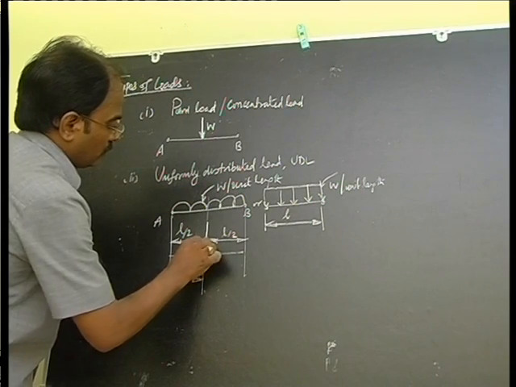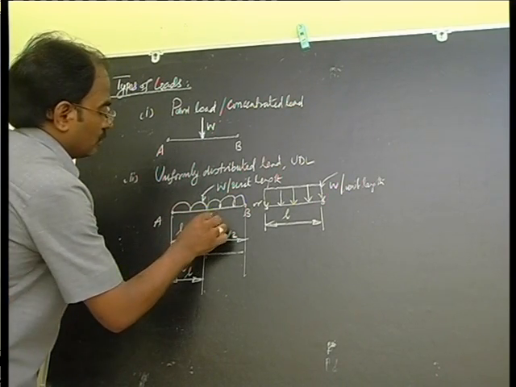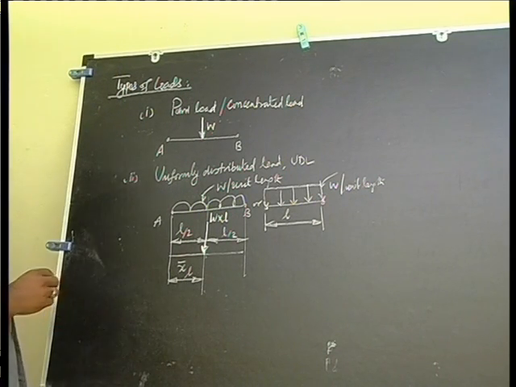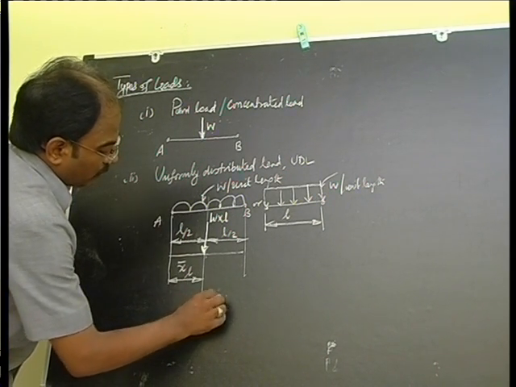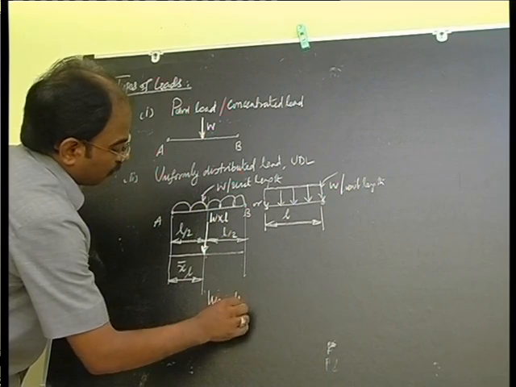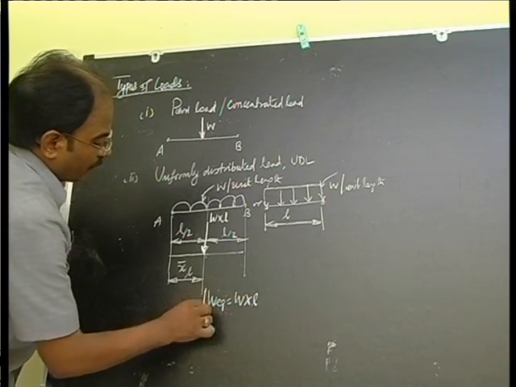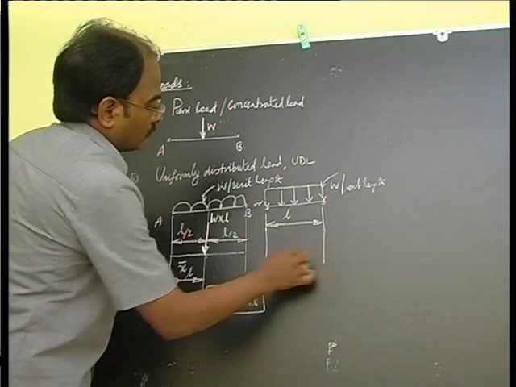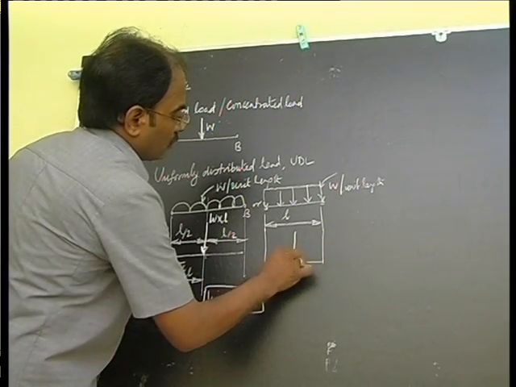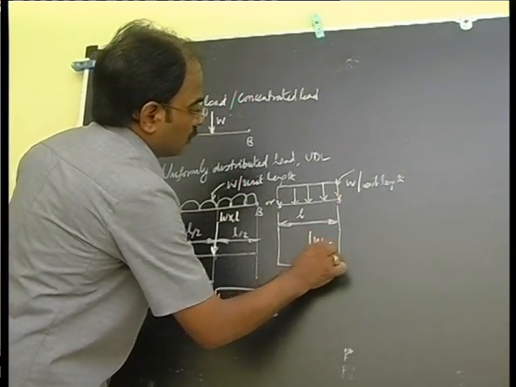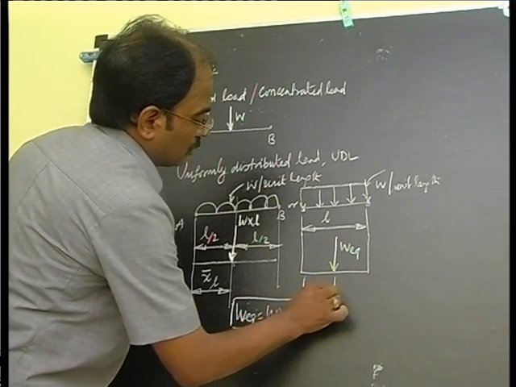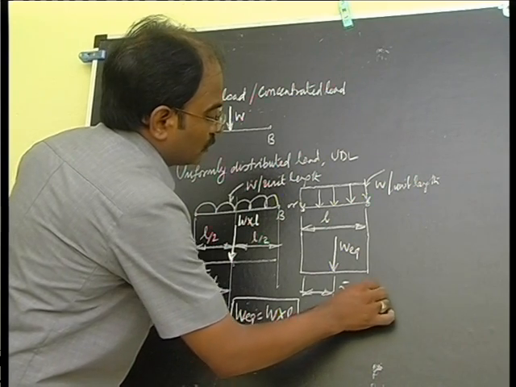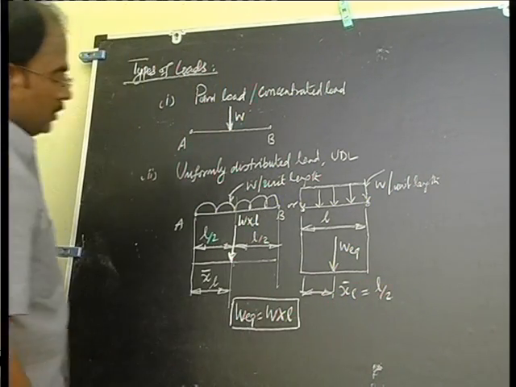So the equivalent load is W per unit length multiplied by total length. So W equivalent is equal to W into L, and x bar of L is equal to L by 2.